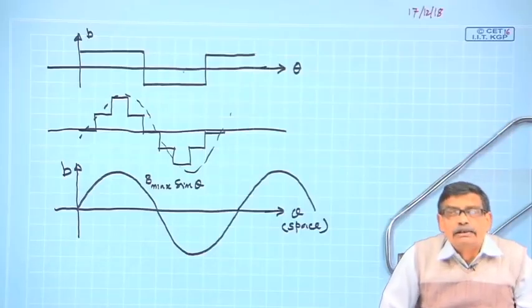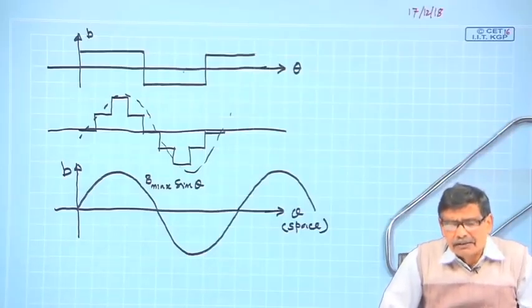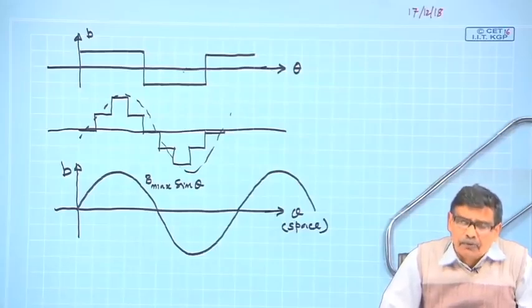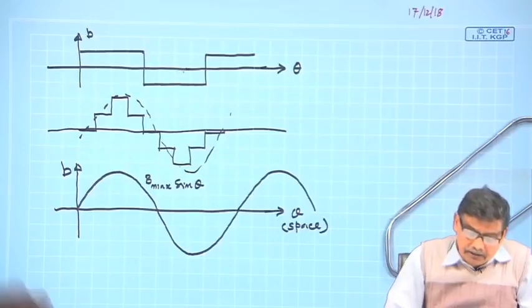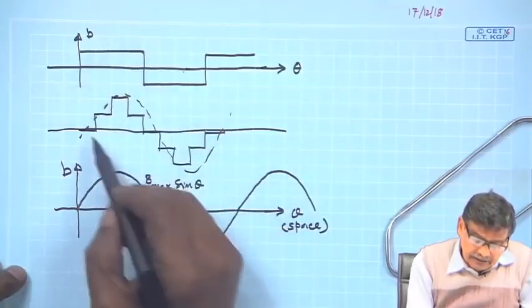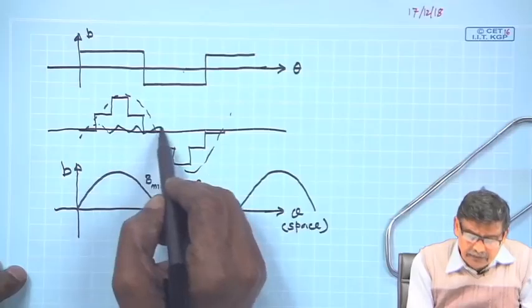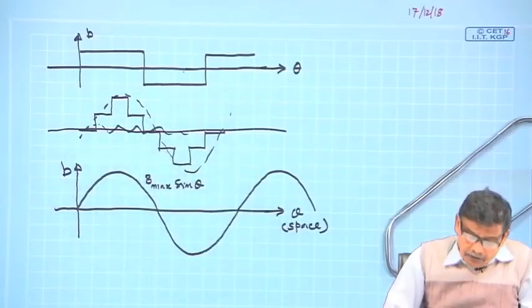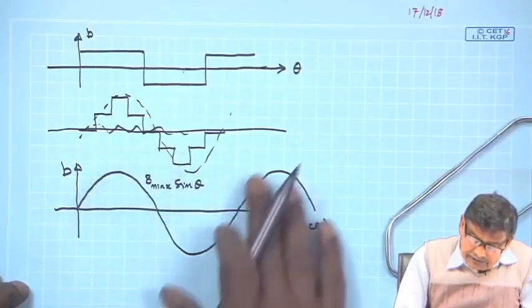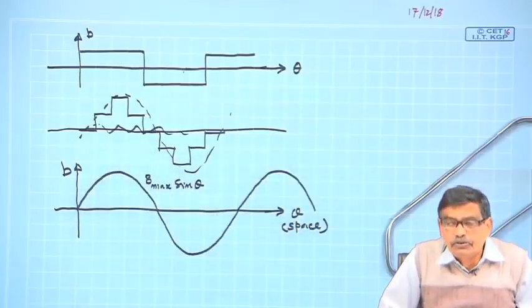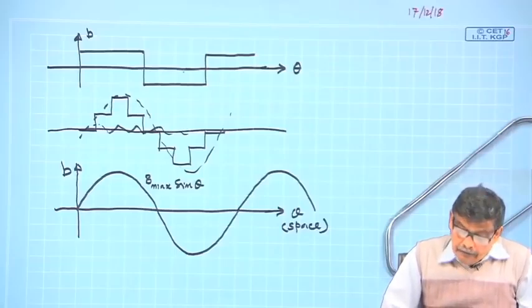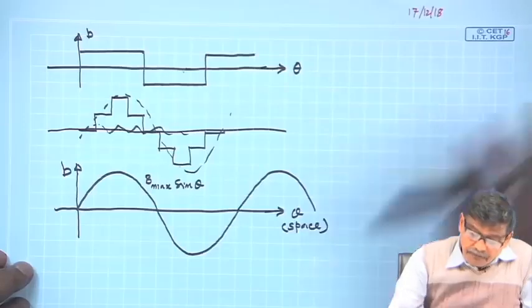I will consider only the fundamental component. In the mind, I will think that okay, B distribution can be closer to a sine wave. So, only the fundamental component, I will neglect the effects of the different harmonics to begin with. Okay. And for this, we will try to find out what will be the induced voltage in a particular coil.